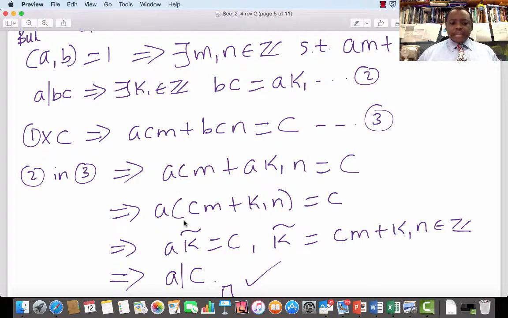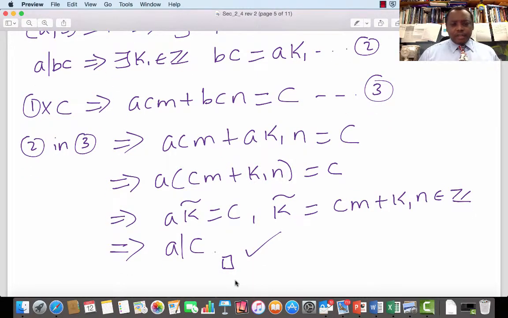Now set cm plus k1n to be k-tilde, and that is an integer because the sum of two integers is an integer and the product of two integers is an integer. So we have a times k-tilde equals c, and that simply means a divides c, and we are done.